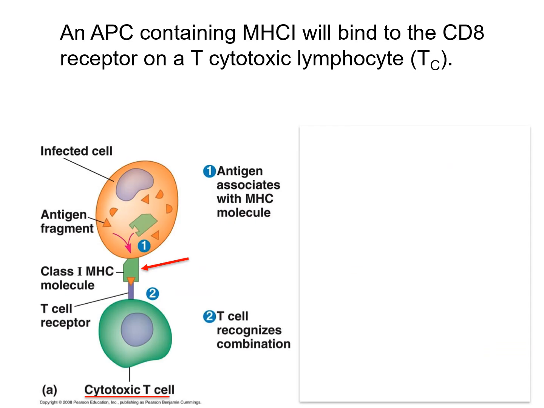An antigen presenting cell containing the glove MHC1 will bind to the glove on the cytotoxic cell called CD8. To help remember this, when you take MHC1 times CD8, you get a value of 8.